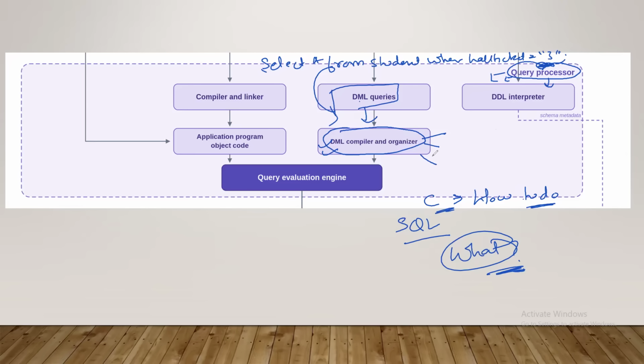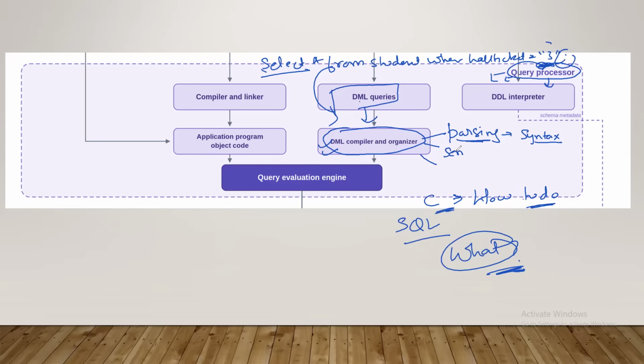Now here, three things will happen. The DML compiler and organizer will do three things. The first thing it will do is parsing. It will check whether your syntax is correct or not, whether you have written the correct spelling of select or not, whether you have kept the semicolon or not. So that is the syntax part that will be parsed here.